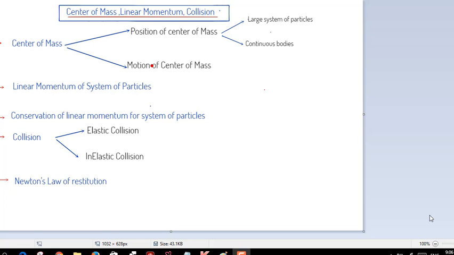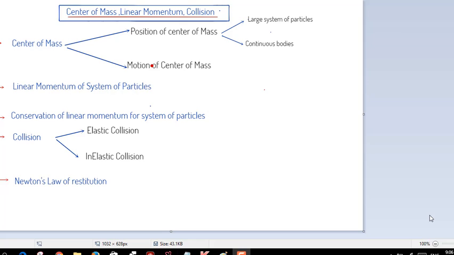In the previous videos, we saw the basics of center of mass, and then we also saw how we can find the position of center of mass of a system of particles, and then we did a few problems on calculating the position of center of mass.